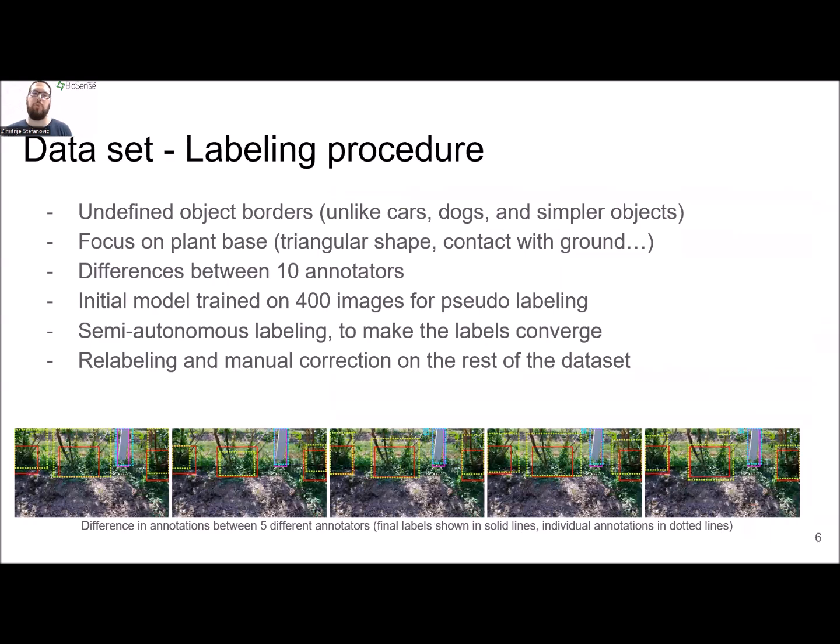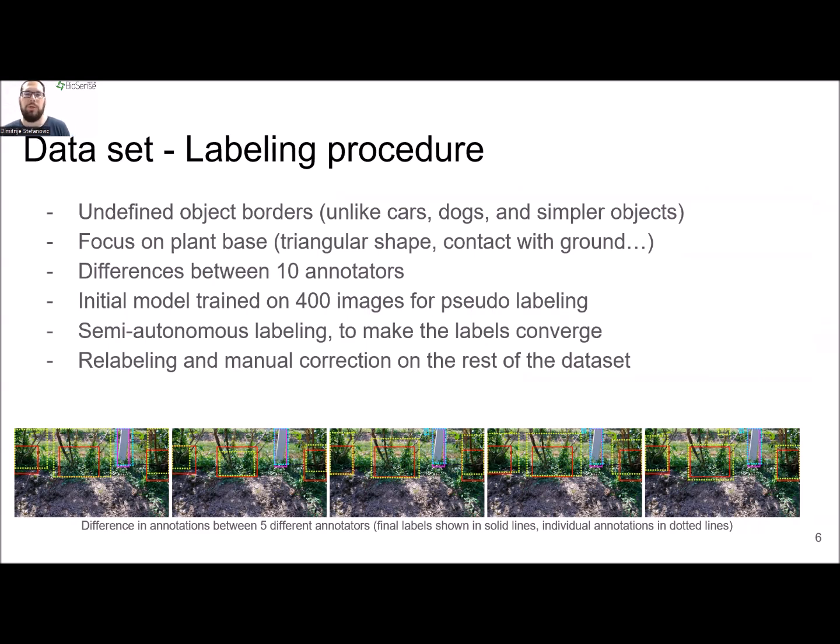For this particular problem, labeling was not as simple as for objects such as cars, cats, dogs, or any other compact objects. First, 400 images that captured the data variability, such as various types of bushes and poles, were handpicked and manually labeled.